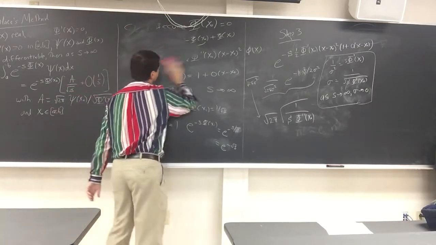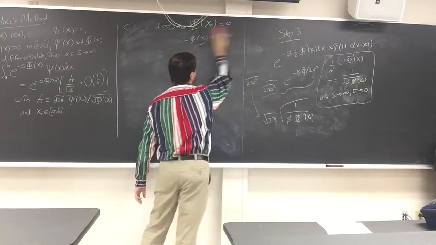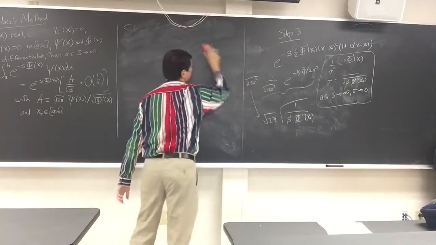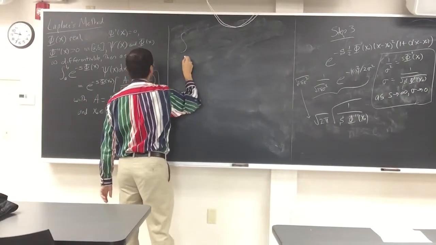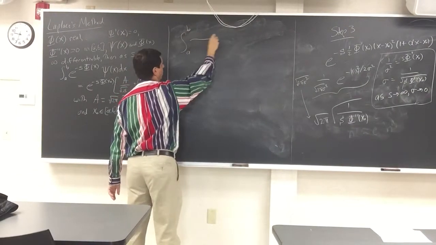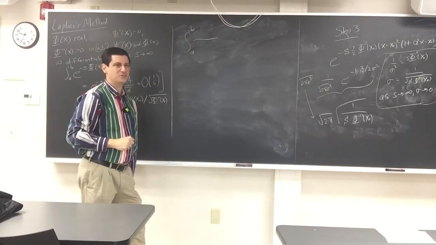So let's look a little bit at what's going on. I'm going to see if I can do this without doing all the painful change of variables. So we have the integral from a to b of blah. And x naught lives somewhere in that range.